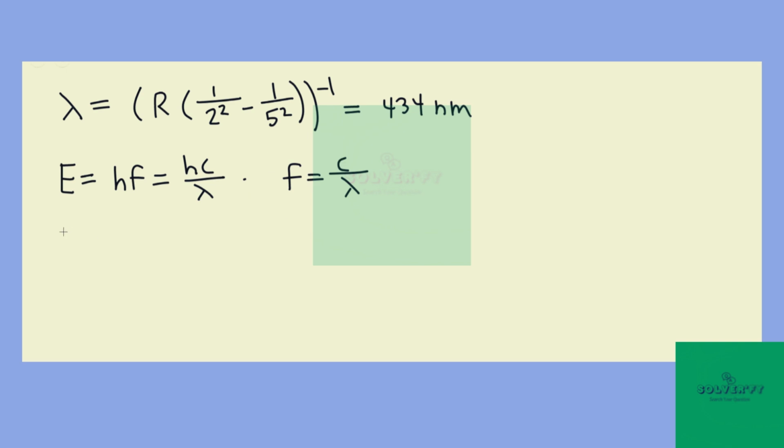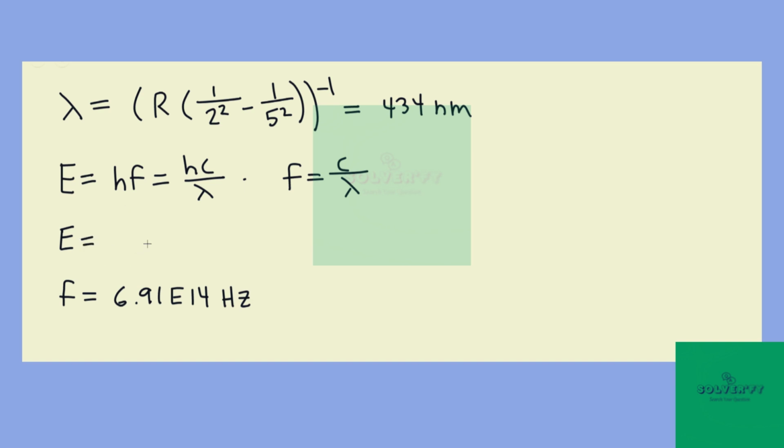Thus, we can find E. Let's compute it, using the speed of light and our given lambda, 434 e to the negative 9. Okay, frequency first. We have a frequency of 6.91 times 10 to the 14 hertz.